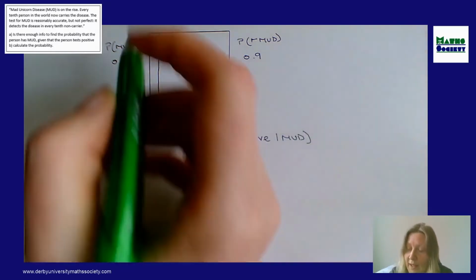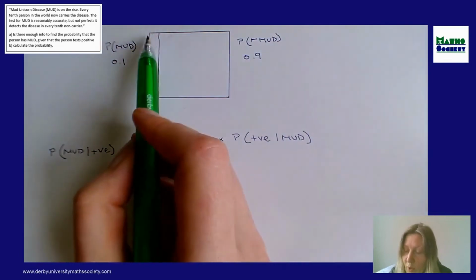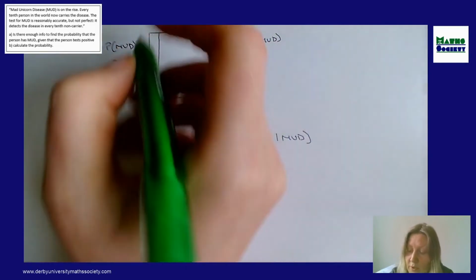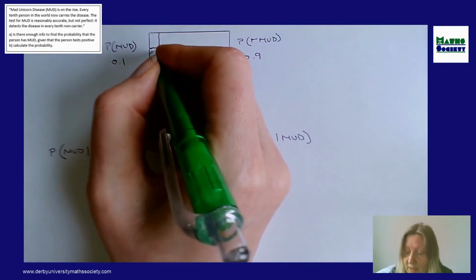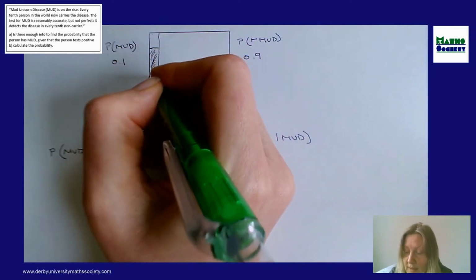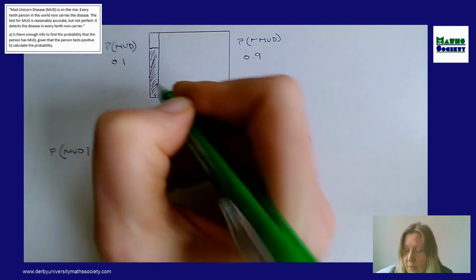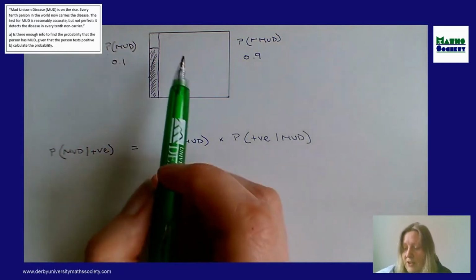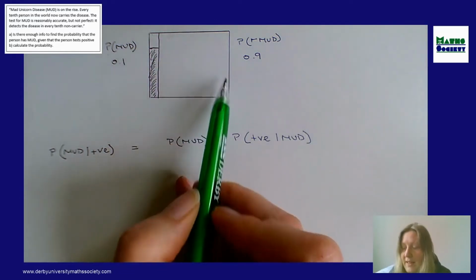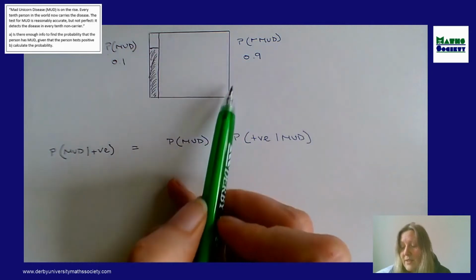If it was 1, it would be the whole box. If it was less than 1, so not everybody that's got MaD actually tests positive and a few get missed, then that sensitivity would be represented by that box there. Now the issue is that there are some people in this box here that test positive but don't actually have the disease.